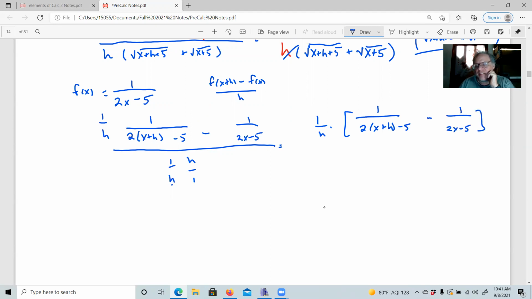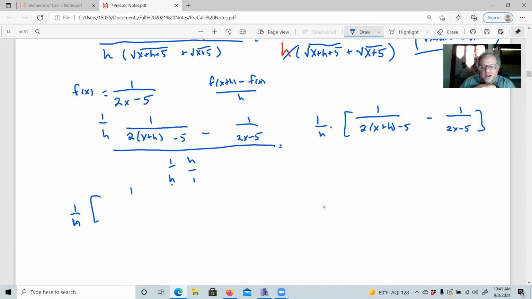So all I did was, instead of having a compound fraction, I just made it one fraction, which is harder. And then we have to go through and do this. I got two fractions here. How do I add or subtract two fractions? Get a common denominator. That's what we're going to do. So we're just going to keep the 1 over h. Don't forget about this. Even if you decide I'm just going to keep writing it off to the side, that's fine, but it's not gone.